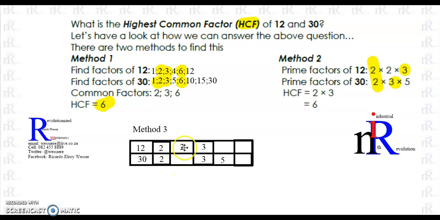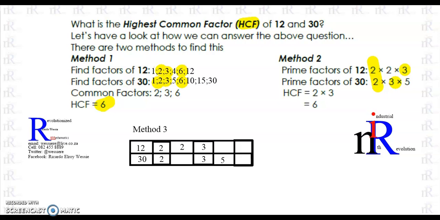I can only put a 2 underneath a 2. Then underneath the 3's can only be 3. And then there was no 5 in the top one, but there is a 5 in the bottom number. So my prime factors are 2 times 3 times 5.